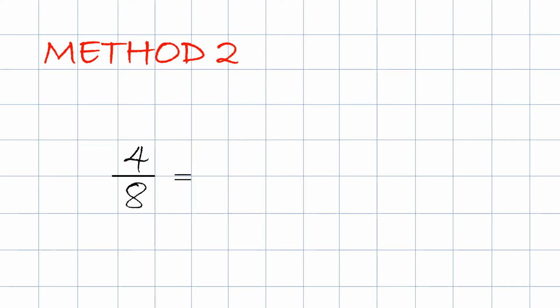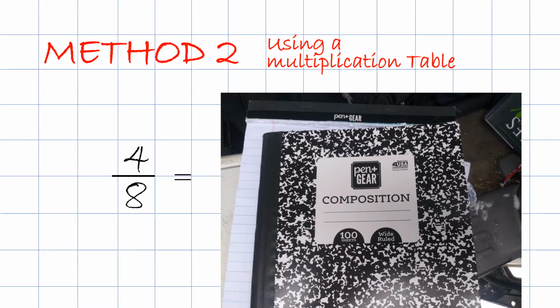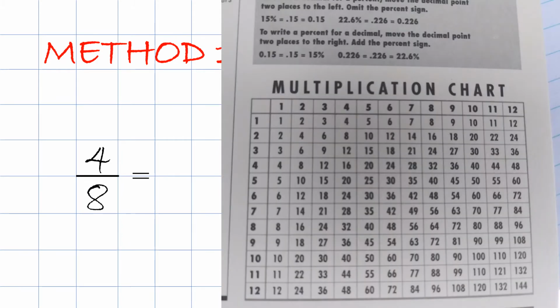Method number 2 is a bit easier, and you use the multiplication table or the multiplication chart. If you have a cheap composition notebook, these run 20 cents, sometimes on back-to-school sales, and the back flap will have a multiplication chart.